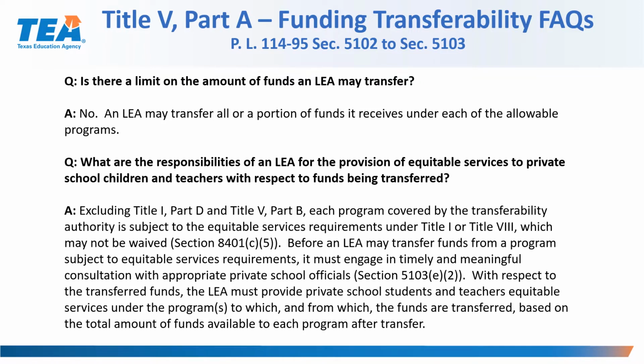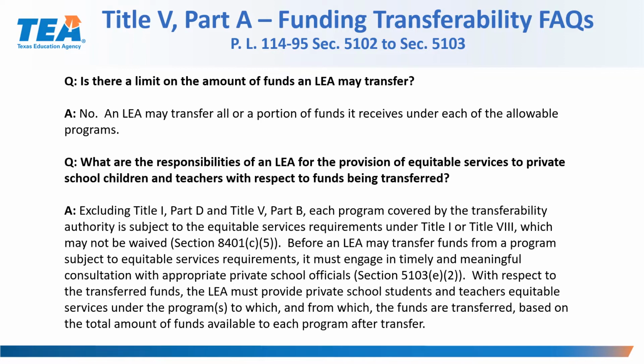What are the responsibilities of an LEA for the provisions of equitable services to private school children and teachers with respect to funds being transferred? So excluding Title I Part D and Title V Part B, each program covered by the Transferability Authority is subject to the equitable services requirements under Title I or Title VIII, which may not be waived.